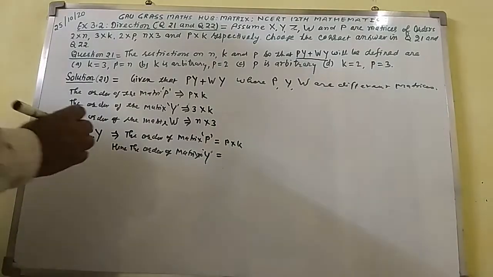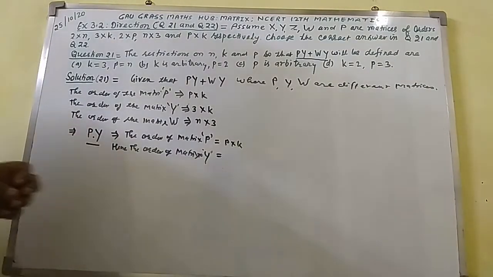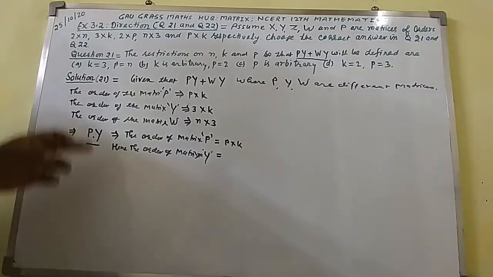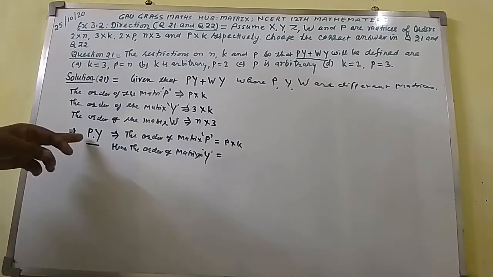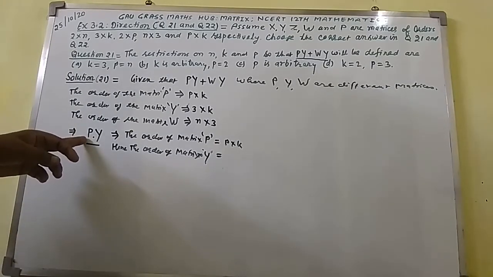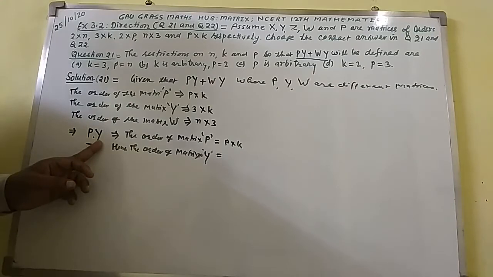But here the theorem is that when two matrices, the matrix P and matrix Y, are multiplied, the multiplication is possible when the number of columns of matrix P is equal to number of rows of matrix Y.